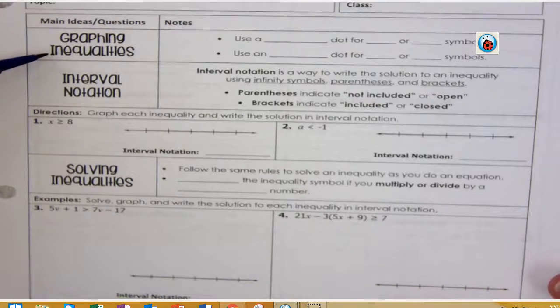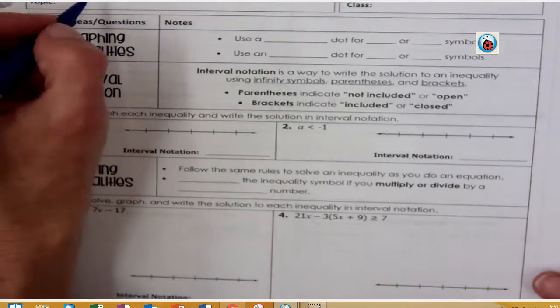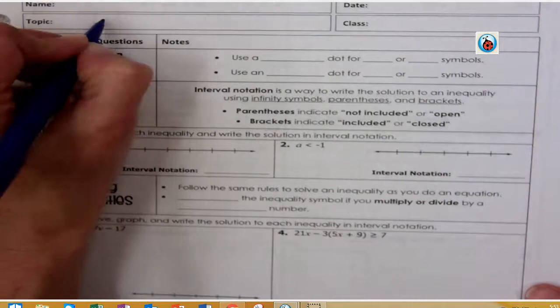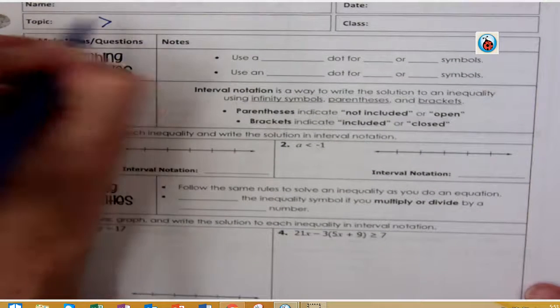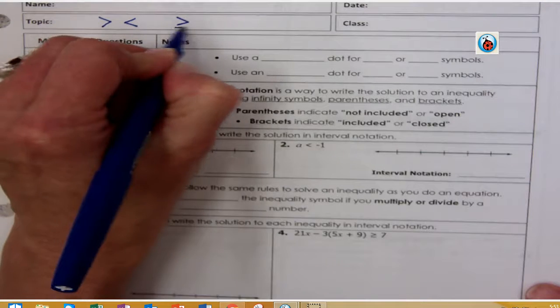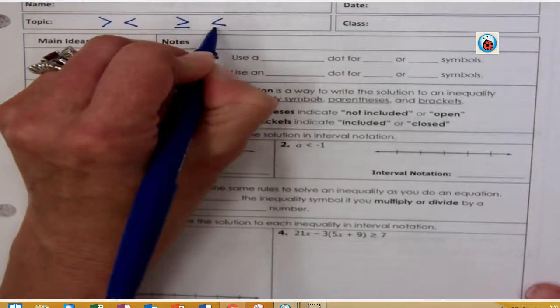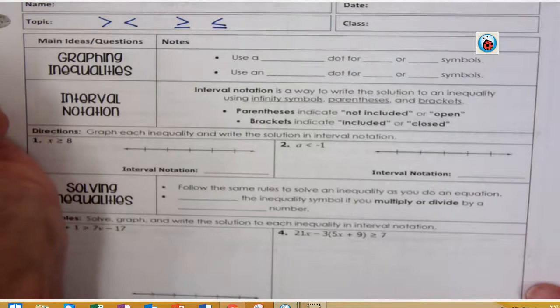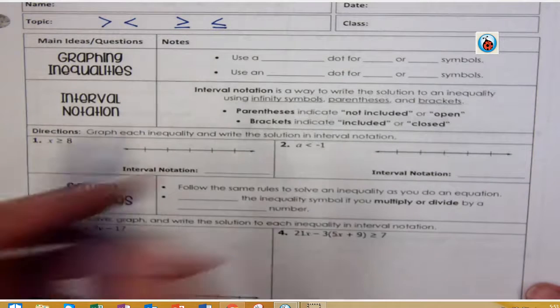We are talking about inequalities, and inequalities we know are the greater than sign, less than sign, greater than or equal, less than or equal.